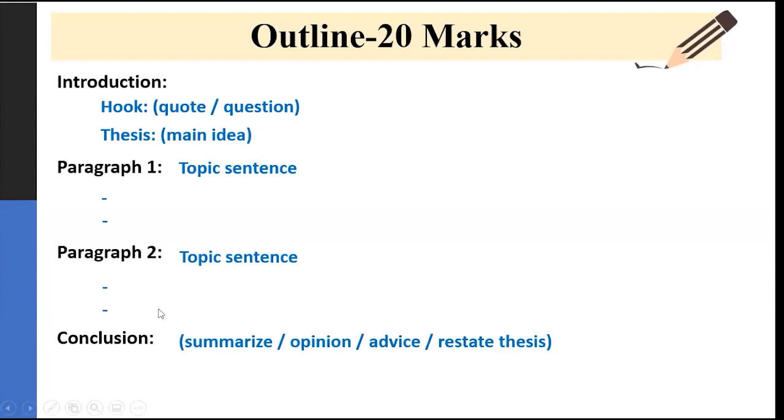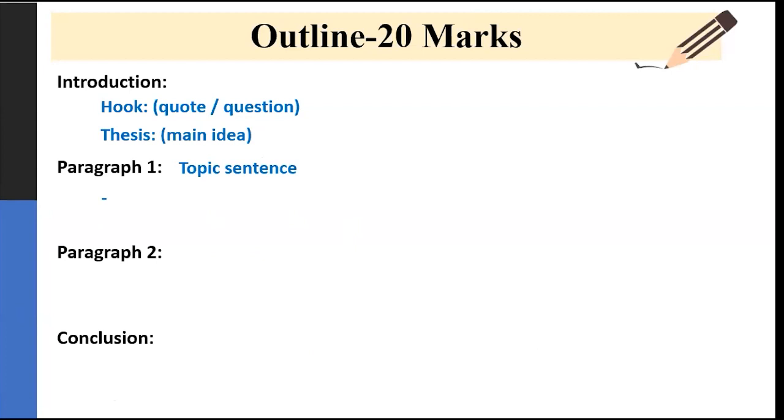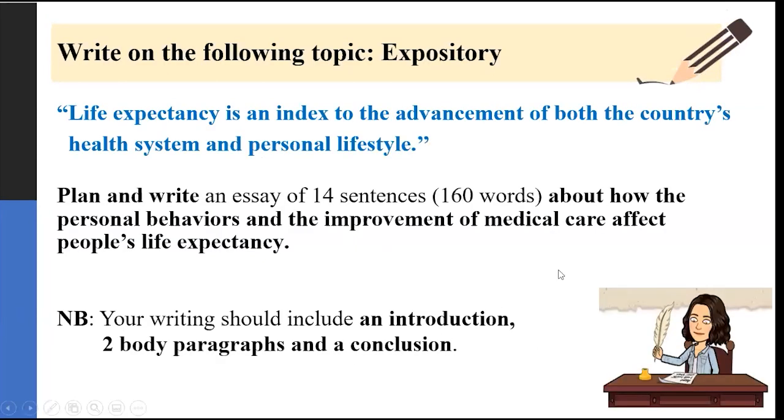And in the conclusion, you write a summary of your ideas, your opinion, advice, or you restate your thesis. Okay. And then you just begin to explain the 2 points. One paragraph talks about the personal behaviors, and the other one about medical care. We just explain and give examples. That's it for expository.